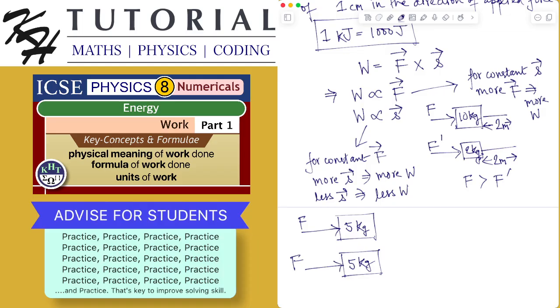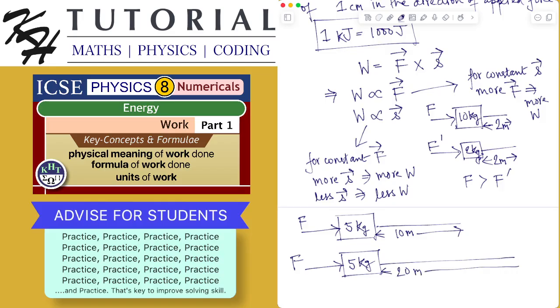Now in the first case, you have moved the body, let's say, 10 meter, and the same body, that is same mass 5 kilogram, applying the same force, you have moved the body to, let's say, 20 meter.